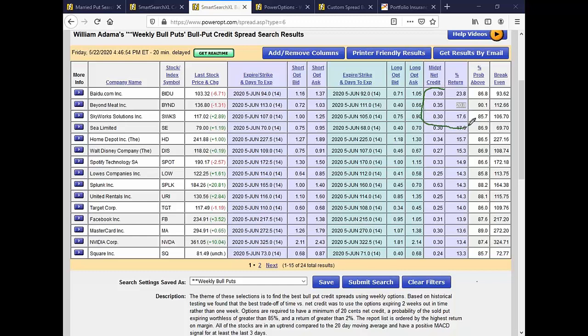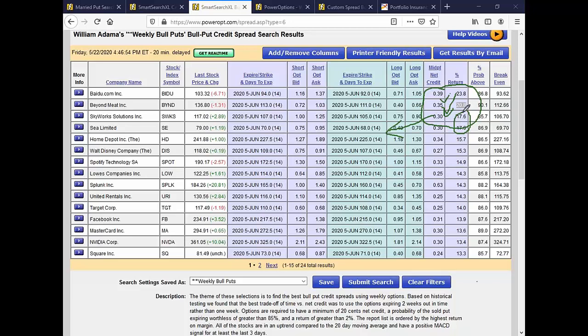When I enter these bull put credits, my goal is to make the maximum profit. I am not planning on closing early. I never close a bull put credit spread early unless it goes against me. Okay? I am going to hold this as close to expiration as possible to get the full 39 cents, 35 cents, get close to the maximum return on the position.